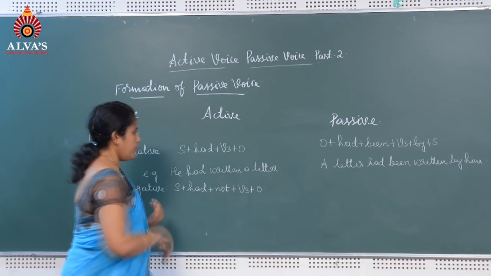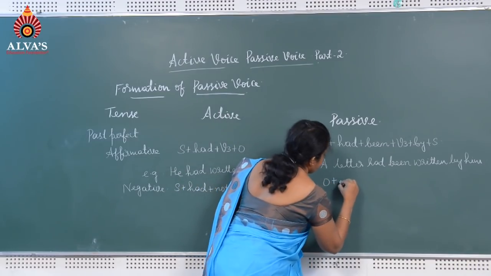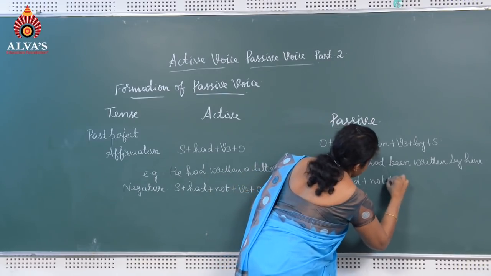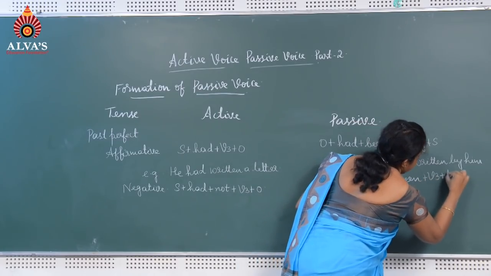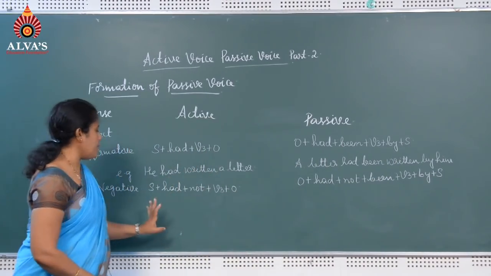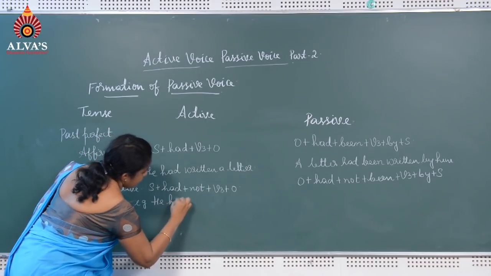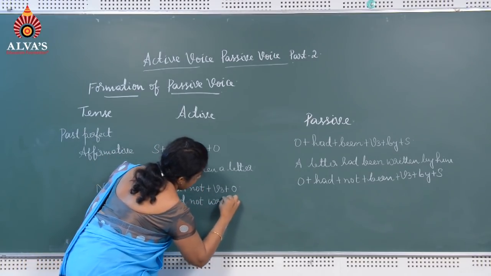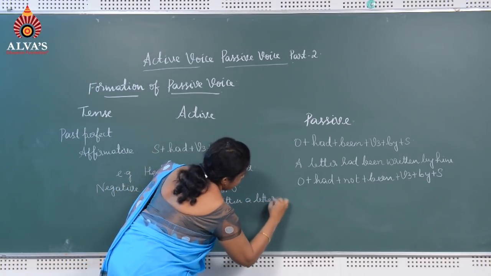When it comes to the passive voice, it becomes object plus had plus not plus been plus V3 form plus by plus a subject. So, if we take the same example: he had not written a letter.